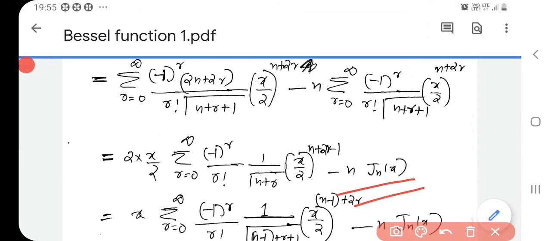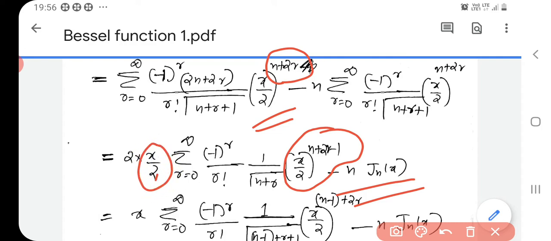And in this one, we have this n plus r. If I take an x by 2 from x by 2 to the power n plus 2r, it becomes x by 2 to the power n plus 2r minus 1, and I have this x by 2 here. So this 2 will get cancelled and I will get x here.